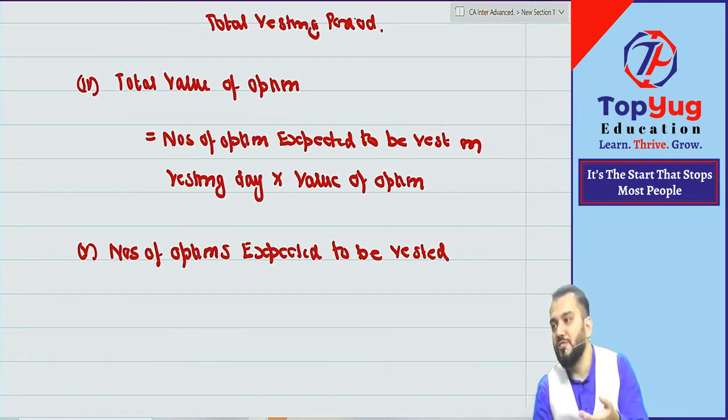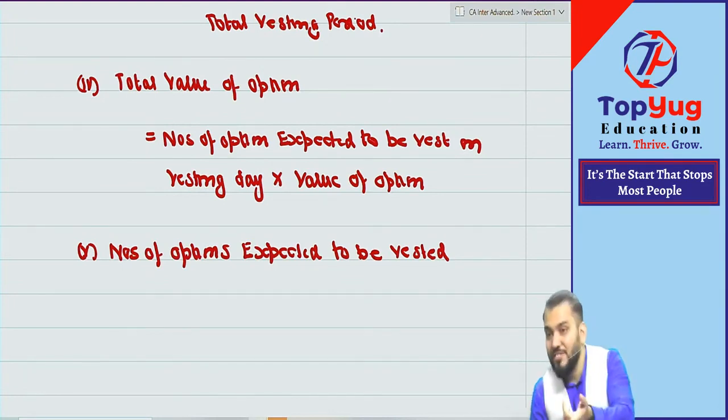To calculate the number of options, we need to find out the number of employees who will actually perform the condition. Correct.